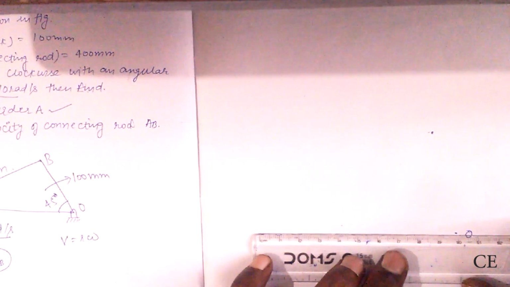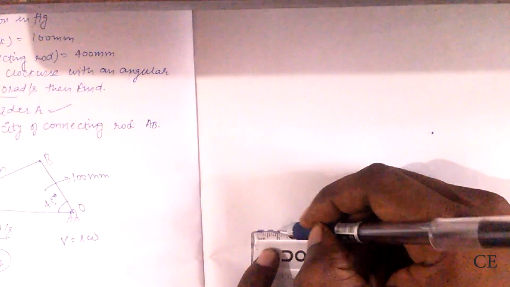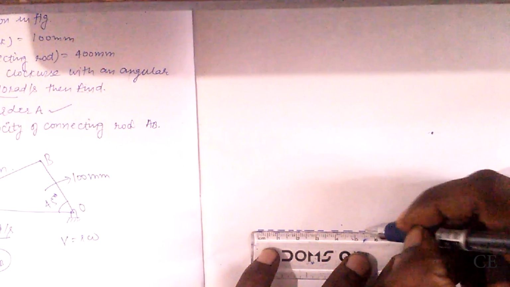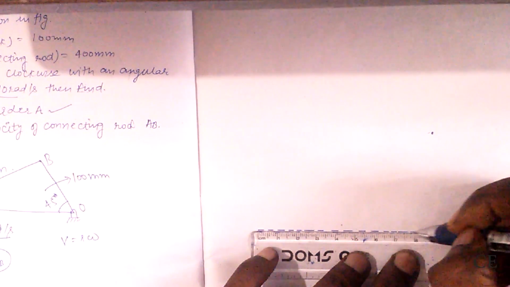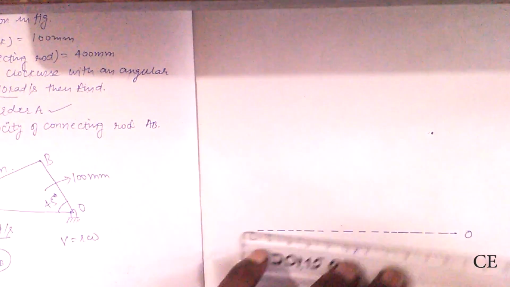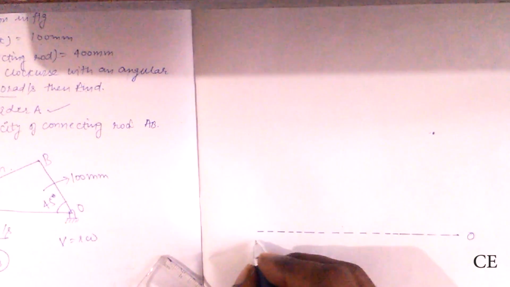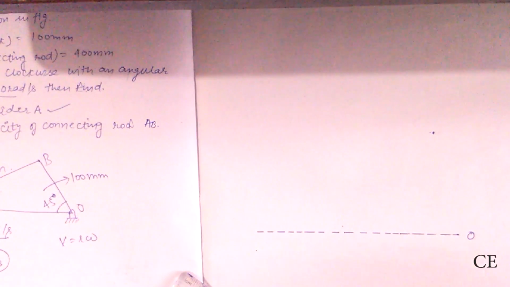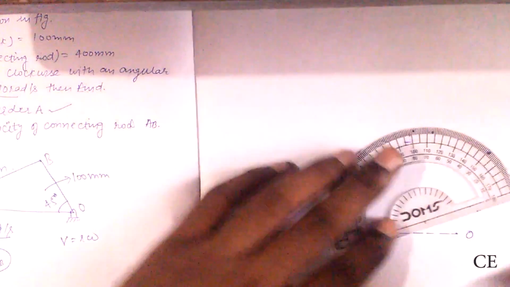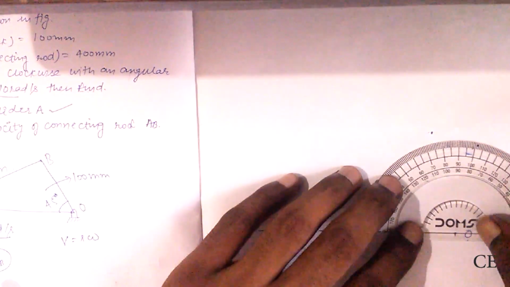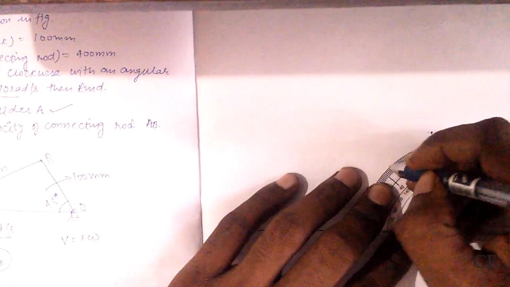So randomly draw OA of some length, say 10 centimeters. Now draw another line OB from OA at an angle of 45 degrees, using the protractor.